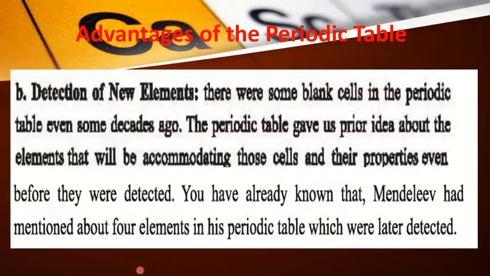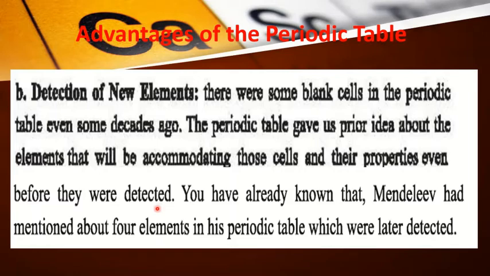Now, second point, detection of new elements. There were some blank cells in the periodic table even some decades ago. Now there are a total of 118 elements, but at first when the periodic table was invented, there were not 118 elements. There were some blank cells. The periodic table gave us a pure idea about the elements that would accommodate those cells and their properties even before they were detected.